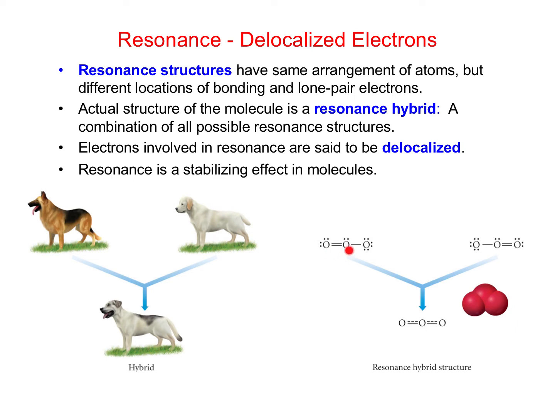And so we would say that these 2 Lewis structures that we drew for ozone are 2 different resonance structures. But neither one accurately describes the actual ozone molecule. It turns out the actual ozone is a compromise or a combination of these 2, where each bond is a 1.5 bond, not a single bond or a double bond.